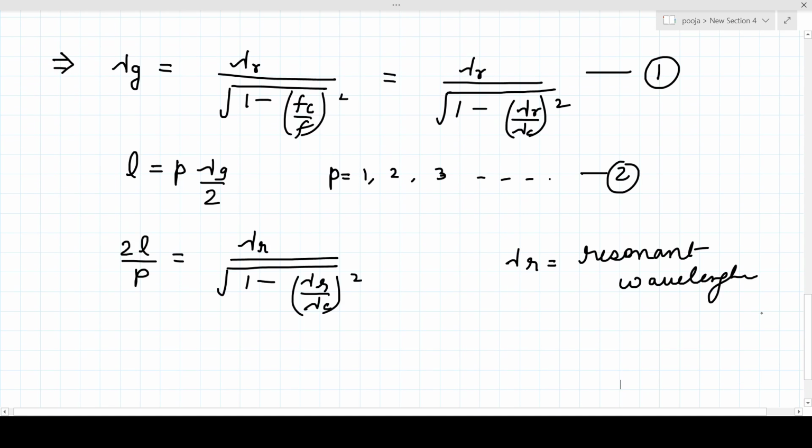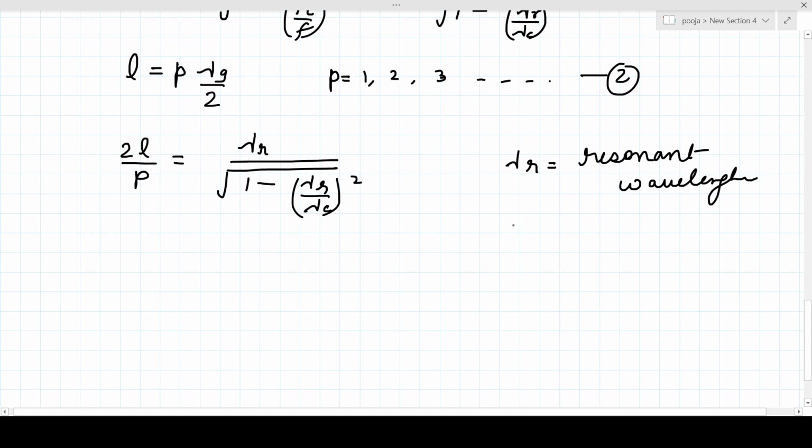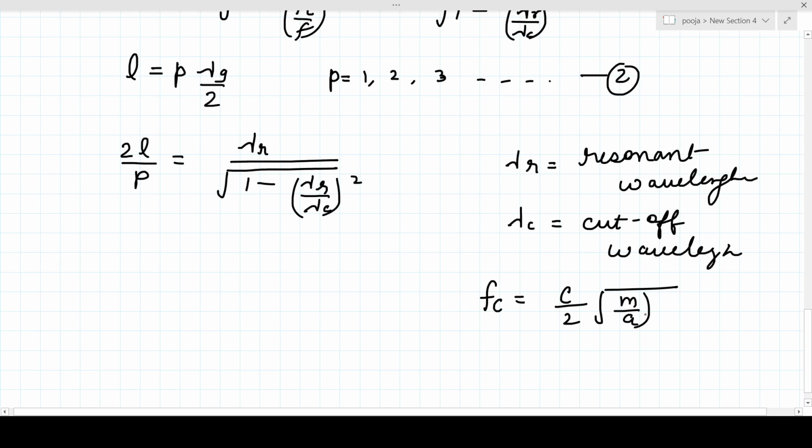So what is lambda c? Lambda c is the cutoff wavelength. This cutoff wavelength will be decided on the basis of waveguide modes. What was the cutoff frequency definition in a rectangular waveguide? fc is equal to c by 2 under root m by a whole square plus n by b whole square.